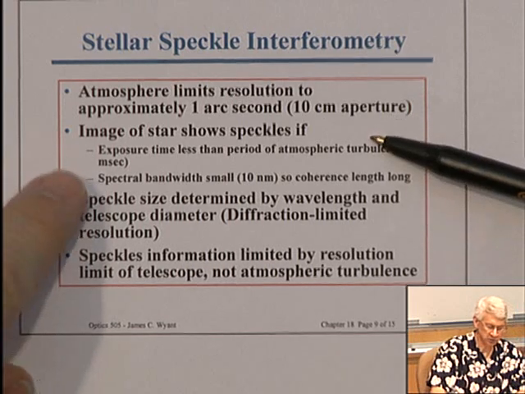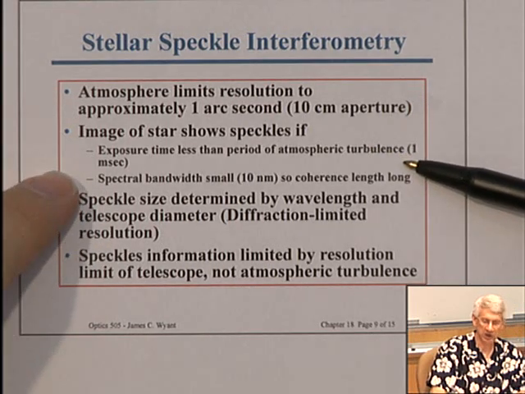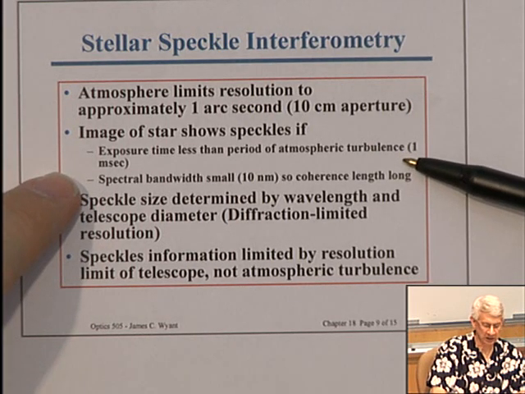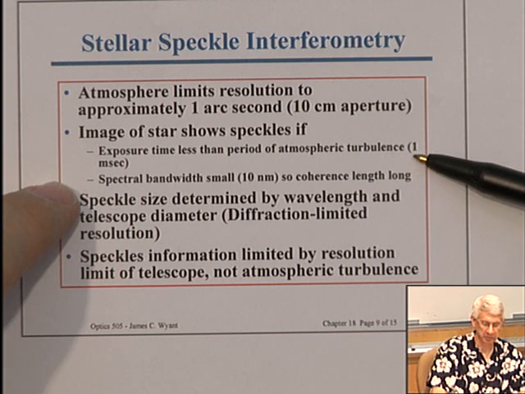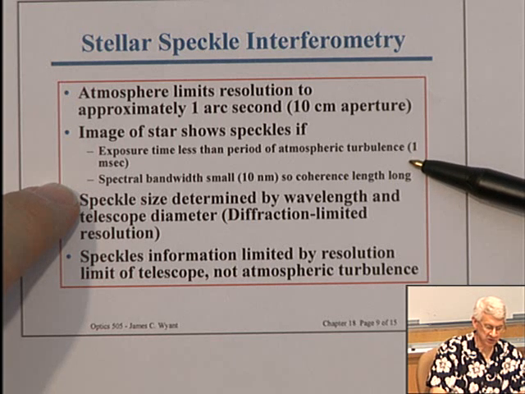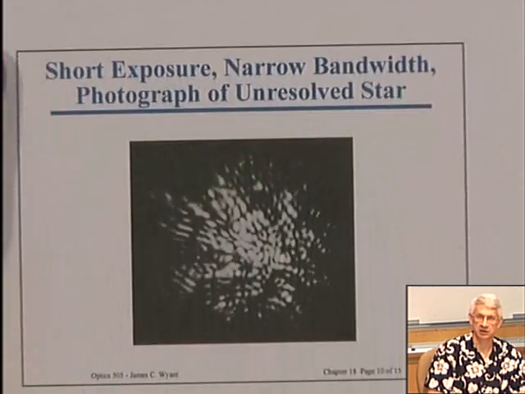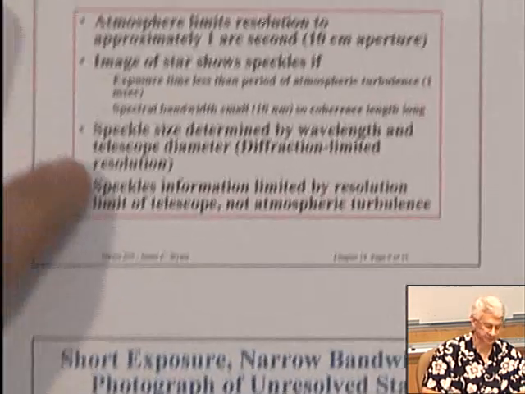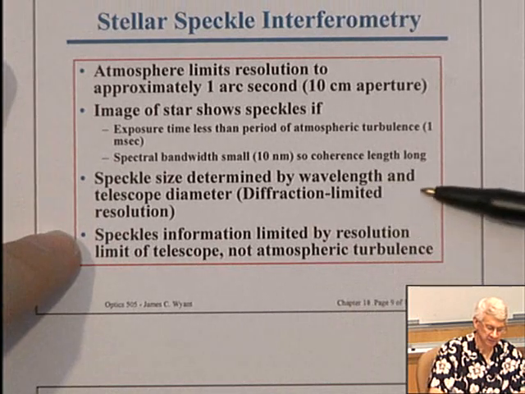Now, if you take the image of a star, if the exposure time is less than the period of the turbulence, maybe 1 millisecond, then you're going to see a lot of speckle in the image. And there's an example down here. That's an example of a speckled star. Okay.